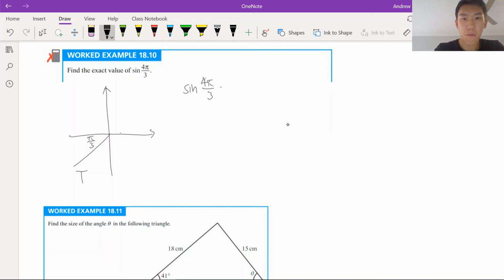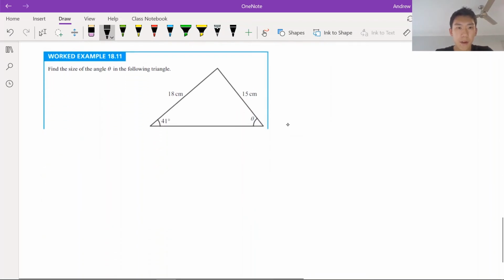So sine 4 pi on 3 equals negative of sine pi on 3, which equals negative root 3 on 2. Okay? And that's how you can solve a variety of these kinds of exact value questions.